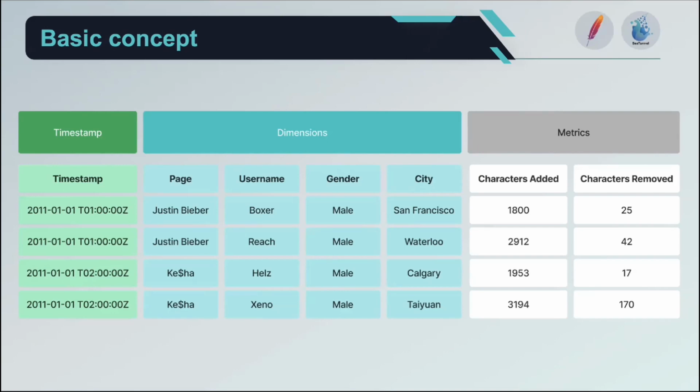Second part is dimension. Dimension columns can be strings, numbers, or other complex types. Dimension columns can be used to filter and group data. The third part is metrics. Metrics columns can be numbers, which are used for aggregation and calculation operations.